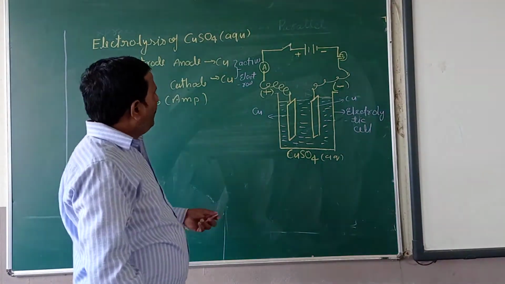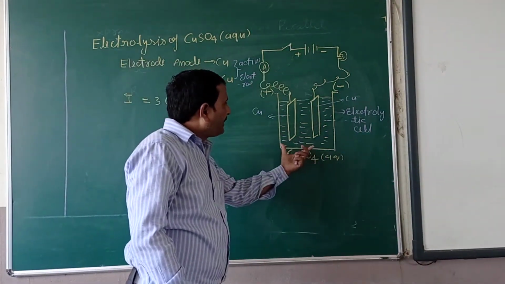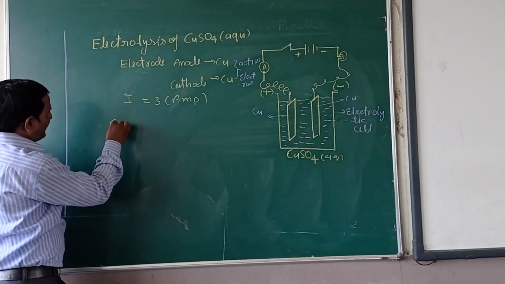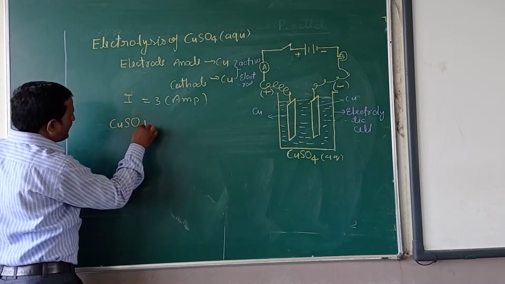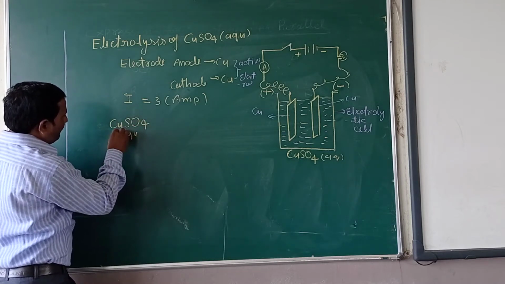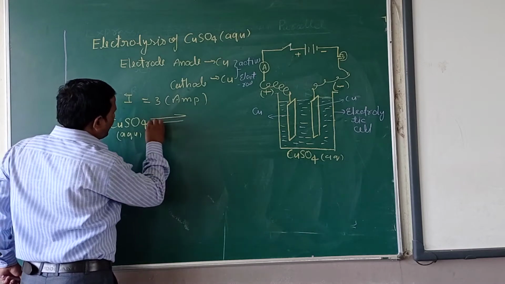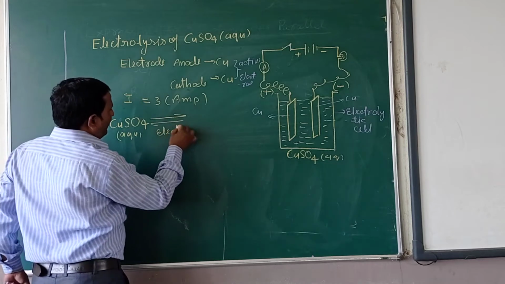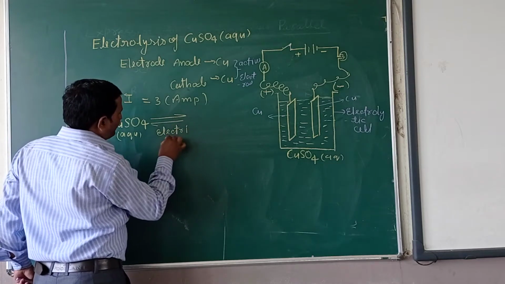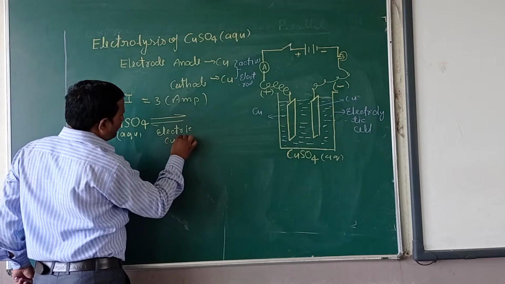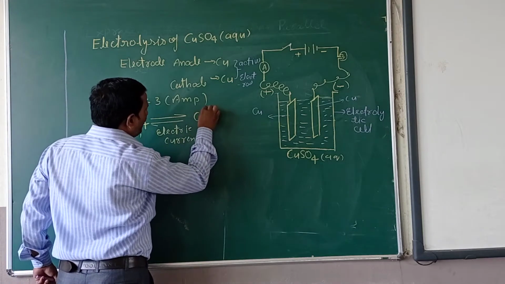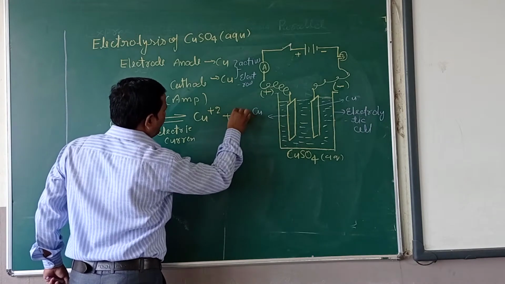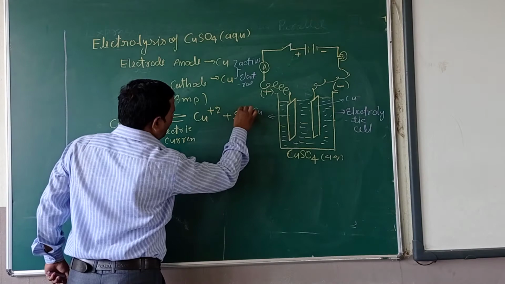Now see what happens when the electrolytic reaction starts. First, consider that the electrolysis of copper sulfate in aqueous solution starts. It gives electric current, 3 ampere. It forms Cu2+ ion and SO4 2- ion.